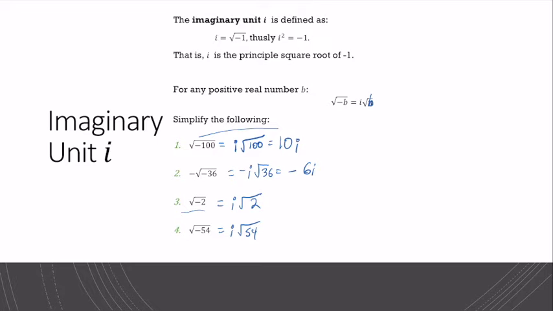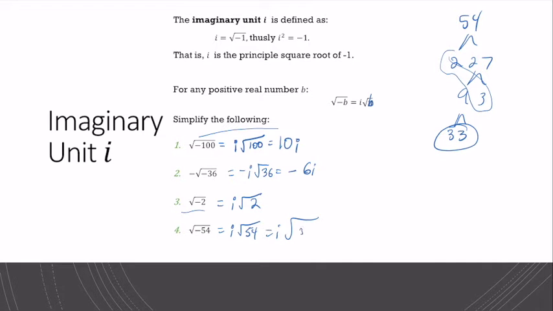Here's the thing, I can simplify 54. 54 factors into 2 and 27, which is 9 times 3, which is 3 times 3. So I've got 3 squared and 2 times 3 left over. So I have i square root of 3 squared times 2 times 3. That's going to give me 3i square root of 6.